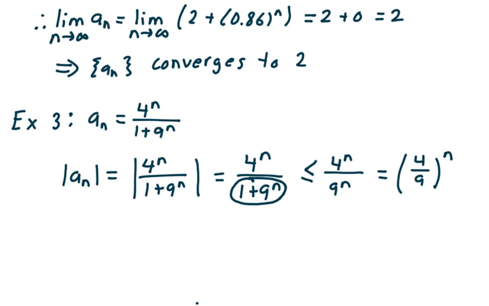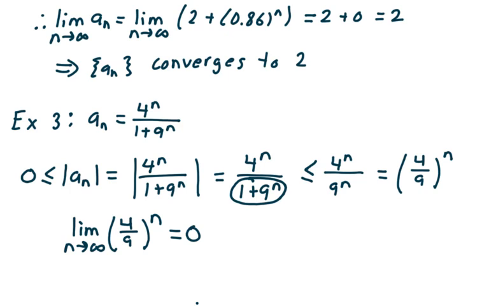Now, by the way, the absolute value of a sub n is also greater than or equal to 0. I need that. Now, the limit as n goes to infinity of 4/9 to the n equals 0.